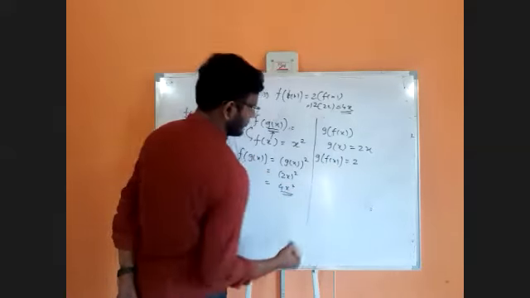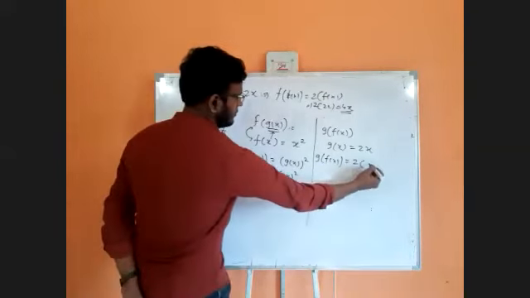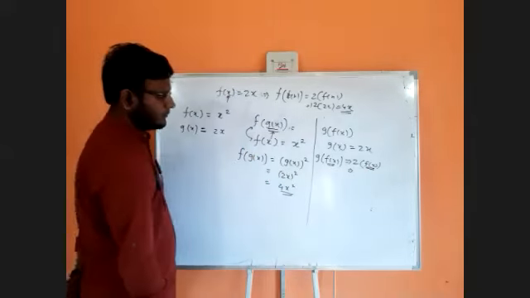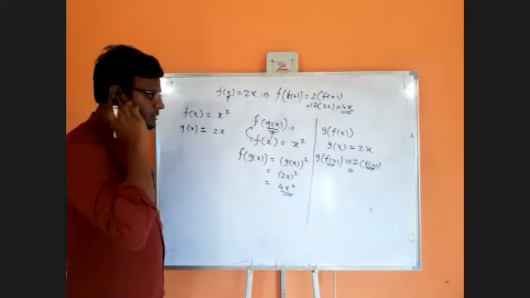So g of f(x) would be 2 of f(x). If g(x) is 2x, then g of f(x) is 2 of f(x). Correct?